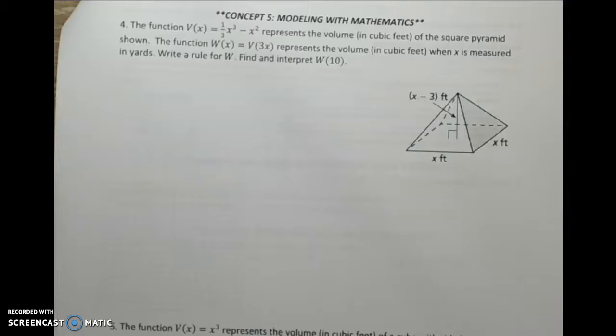So every 3 feet is a yard, so it's 3 times x. Write a rule for w. Interpret w of 10. Alright, so 2 parts. Write a rule for w and then interpret or evaluate for 10.